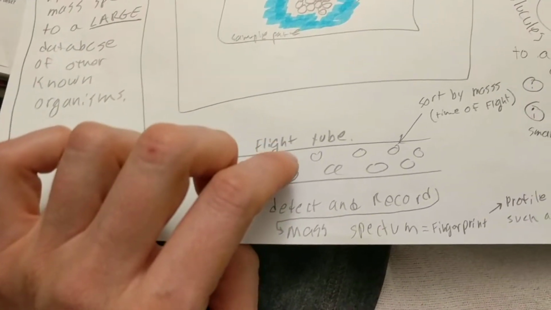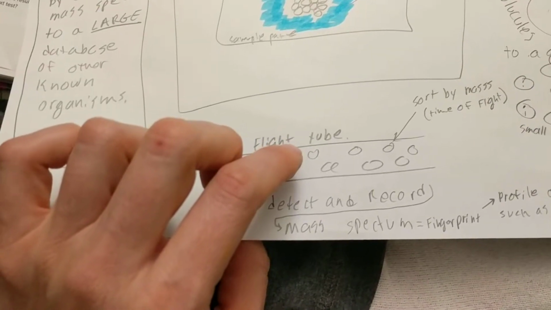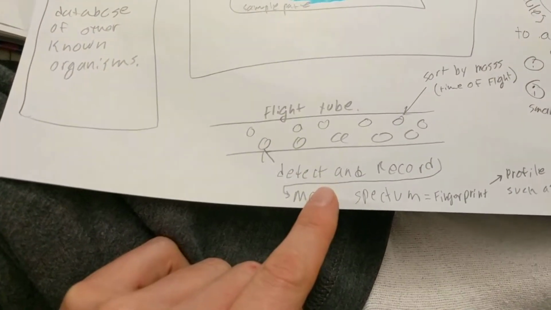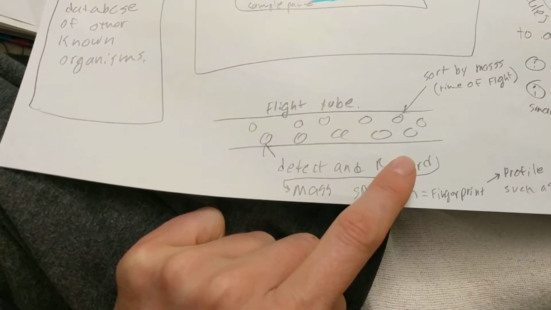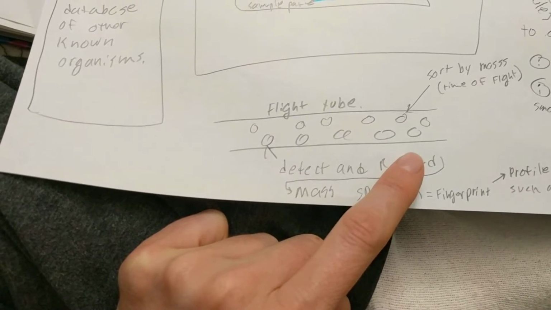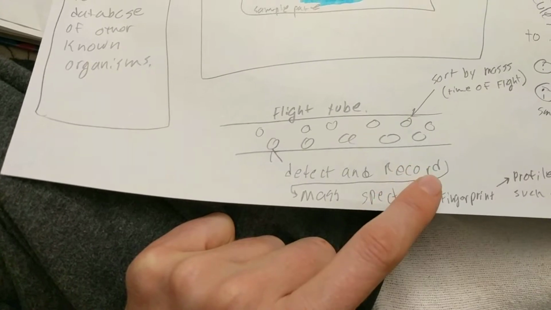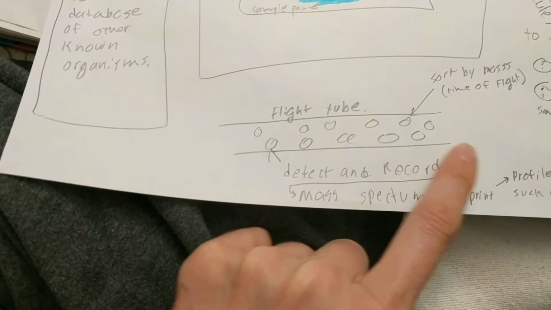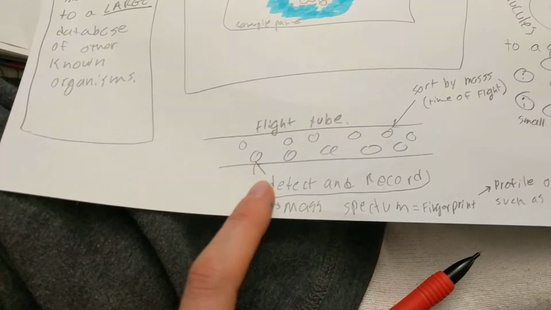And what this does is it detects, there's a detector that records the ions. So here's my little detector. We're detecting and we're recording the ions as they arrive. So we're going to see how fast they go through and detect and record.